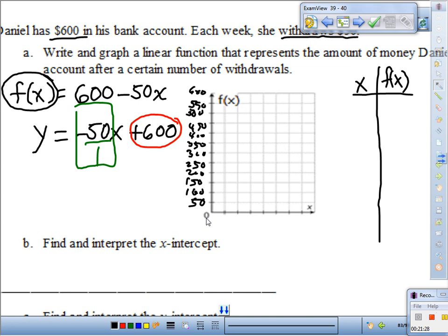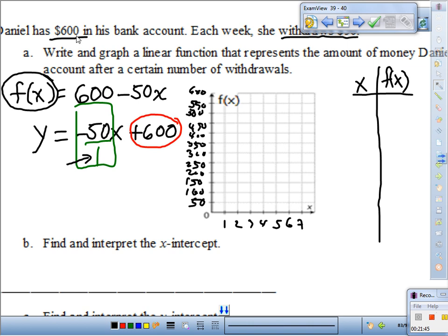All right. How about the x? We always go to the right by how much? By how much? So we go 1, 2, 3, 4, 5, 6, 7. Let's label this. What does the f of x represent, guys? The y-axis.